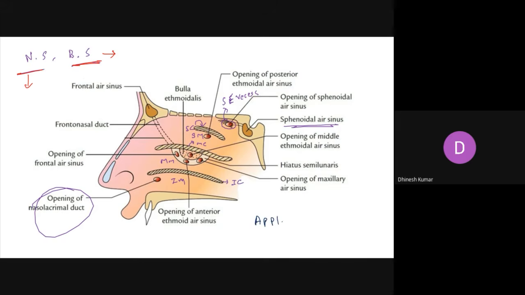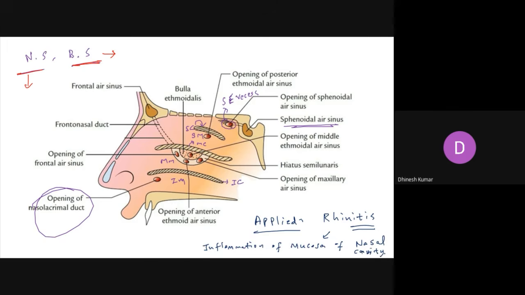Applied aspect of the lateral wall of nose, you can simply remember rhinitis. So you know the meaning of itis, that is inflammation. Inflammation of mucous membrane or mucosa of nasal cavity is called rhinitis.